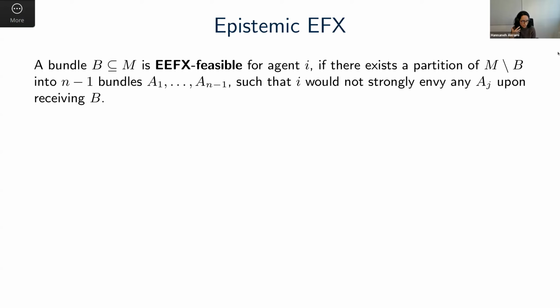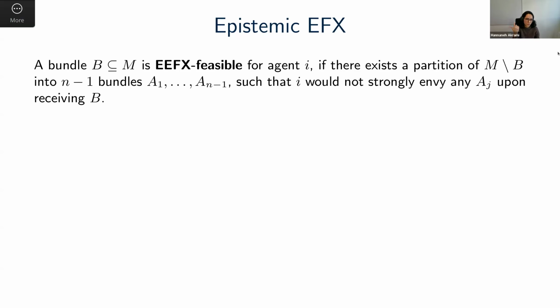What it is saying is basically: consider any allocation. Let's say in this allocation I got bundle B. Maybe this allocation is not EFX, meaning that I strongly envy some other agent.